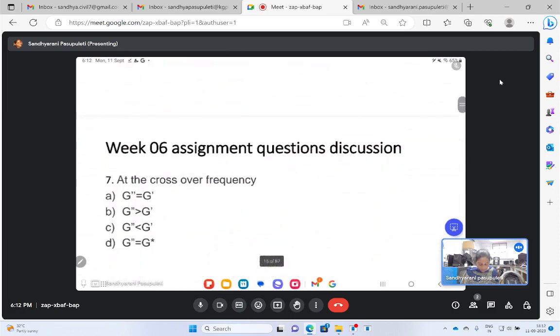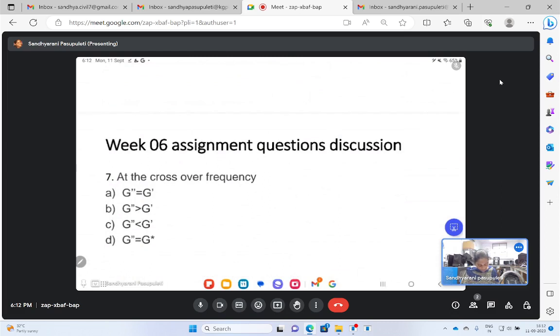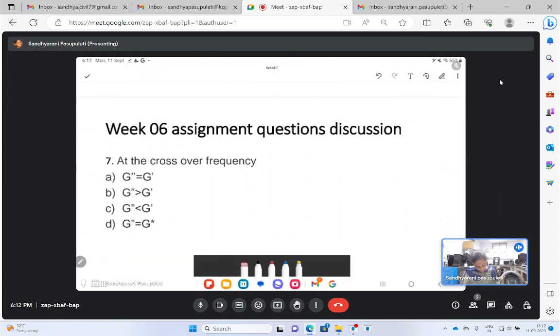At the crossover frequency, which relation will be solved? When the phase angle is 0 degrees, we call the material elastic. When the phase angle is 90 degrees, we call the material viscous in nature.